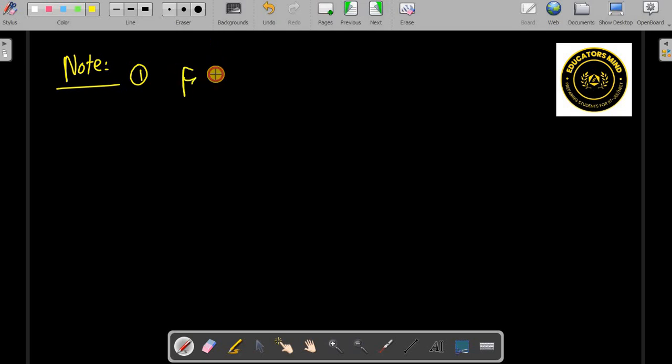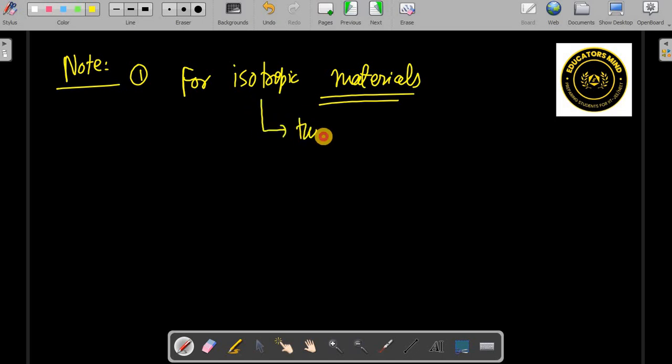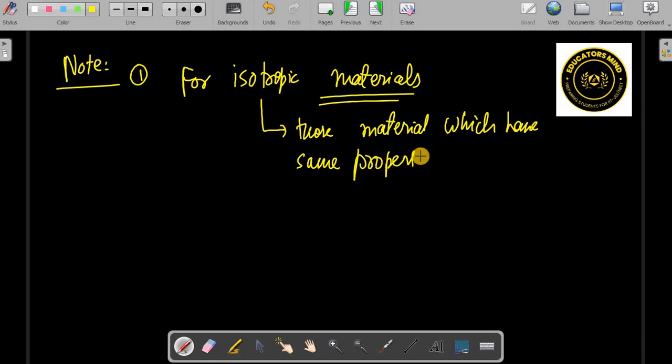For isotropic materials, isotropic materials means those materials which have the same properties in all directions. That means their properties do not depend on the direction.